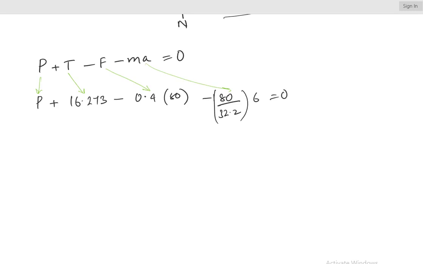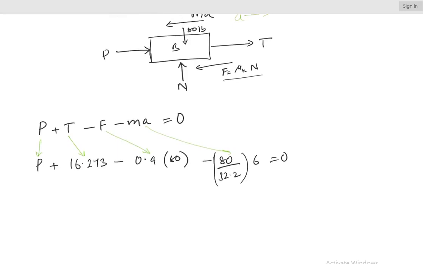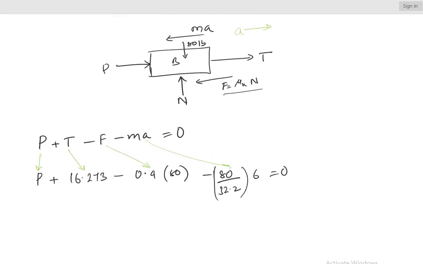Okay, that's a given. At this point I'd like to elaborate again. The frictional force is the coefficient of friction times the reaction force. In this case, N is equal to 80 because there's only one vertical force.